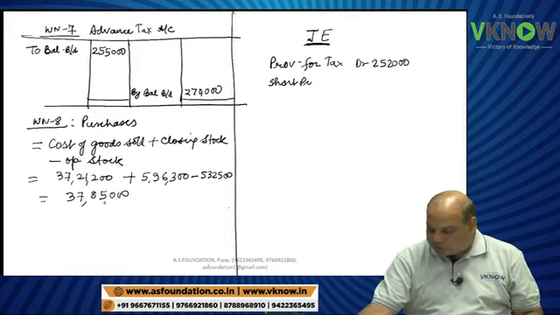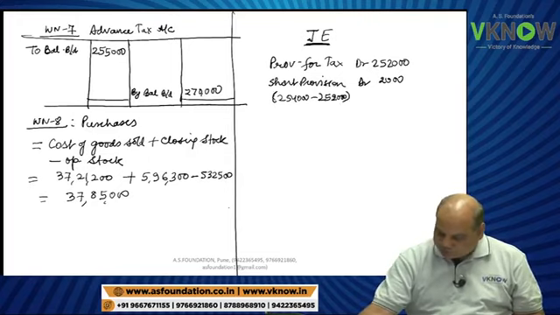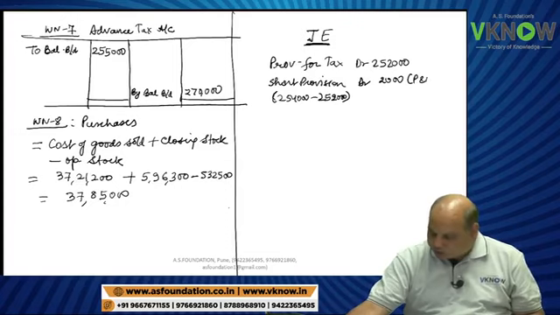Short provision debit 2,000, because the government wanted 2,54,000 and we have made a provision of only 2,52,000, and this will go to the P&L account, which has gone.